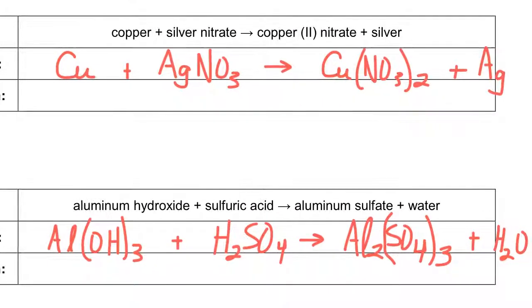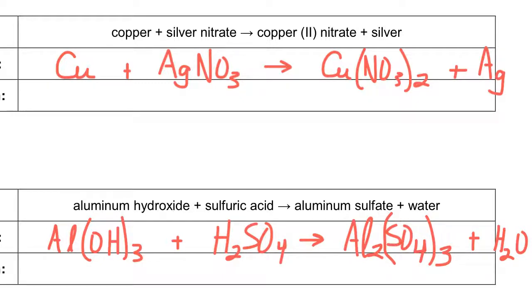Sometimes it's helpful when you have polyatomic ions, like here we have nitrate, here we have hydroxide, sulfate. When you are faced with these polyatomic ions, notice something. Here we have nitrate on the left, we still have nitrate on the right. Here we have sulfate on the left, here we have sulfate on the right.